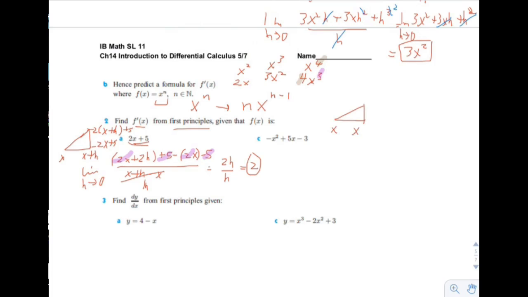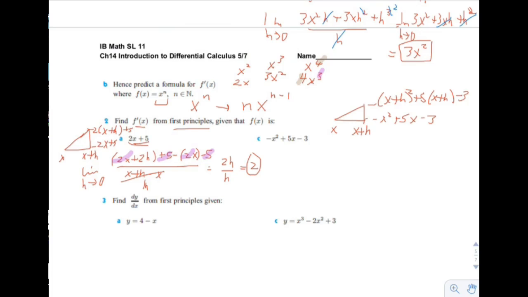So again, we're going to have x and x plus h for the x side, and for the y, for this point here, we're going to have negative x squared plus 5x minus 3. And for this one here, we're going to have negative x plus h squared plus 5 times x plus h minus 3. Okay?